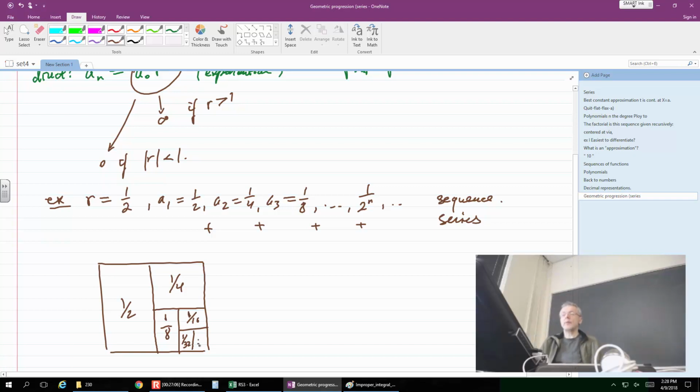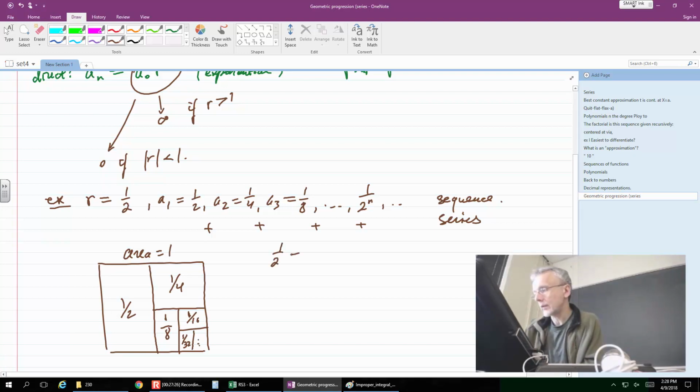So roughly, you can justify why the total area is equal to 1. So then the sum will add up to 1 as well. So certainly not a proof, but at least it is a suggestion, a geometric evidence to the fact of the sum of the series.